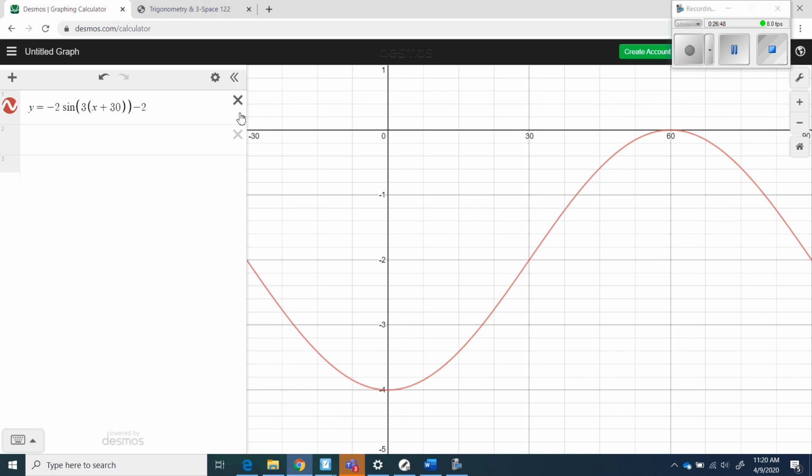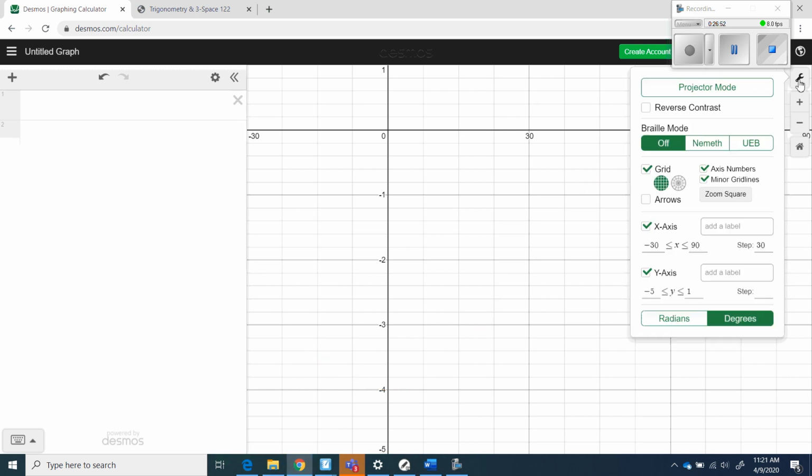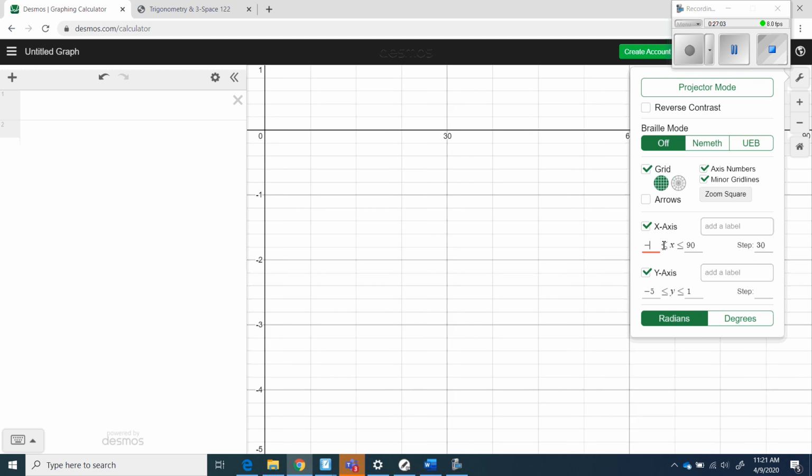Okay, so I'm going to get rid of this one. First thing I'm going to do is set up my window so I can see what it looks like. The x-axis, so we can switch to radians now. You can actually use the pi button, or you just type in pi, the letter P and the letter I, and it turns it into the symbol pi.